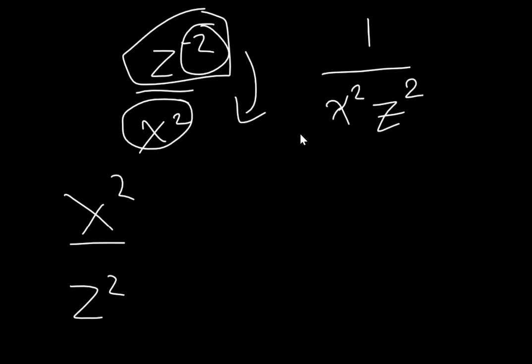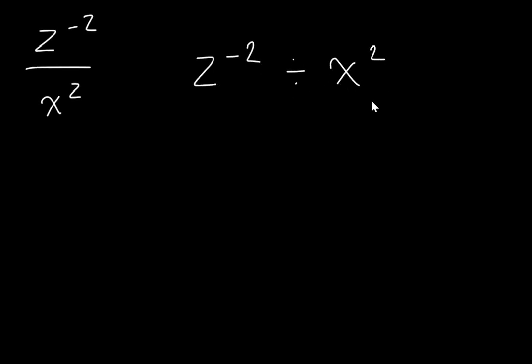We can see that as well if we just did that out. So z to the negative 2 divided by x to the second, right? z to the negative 2 is 1 over z to the second, divided by x to the second.